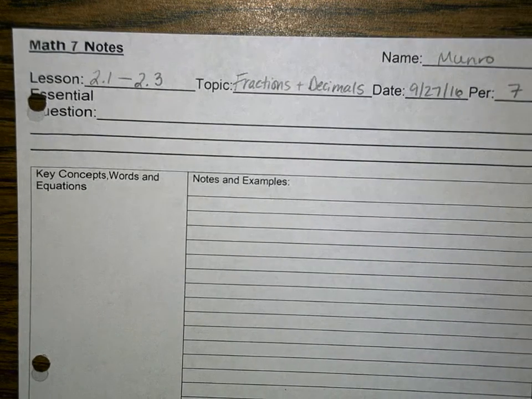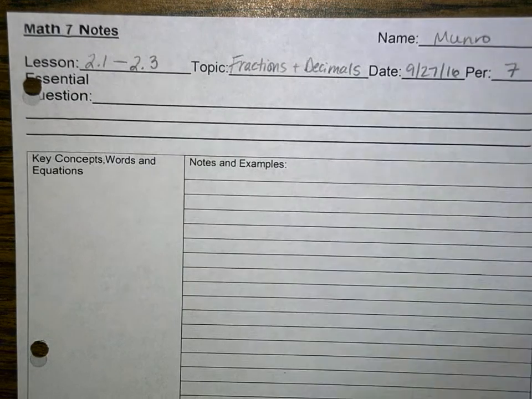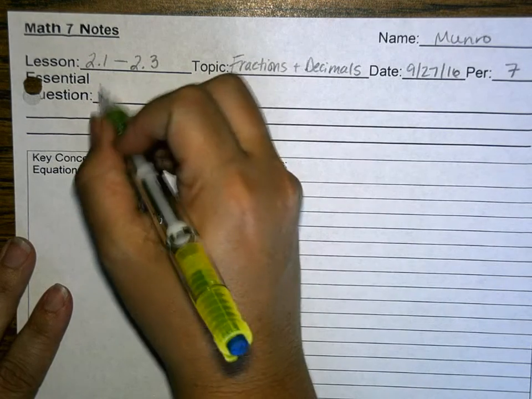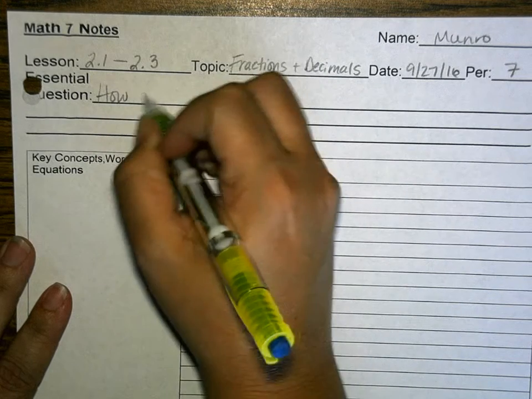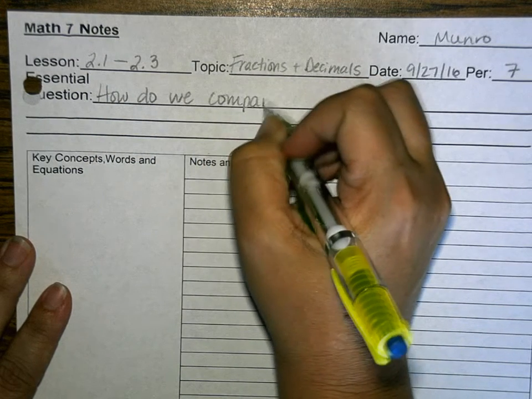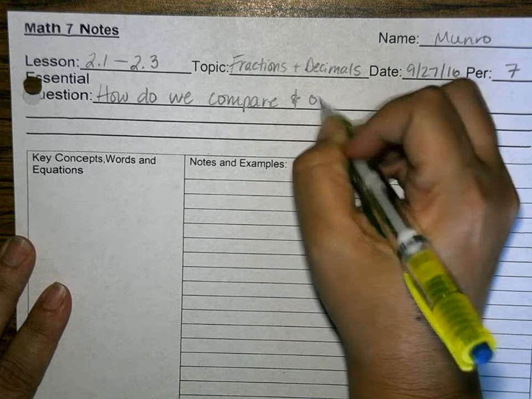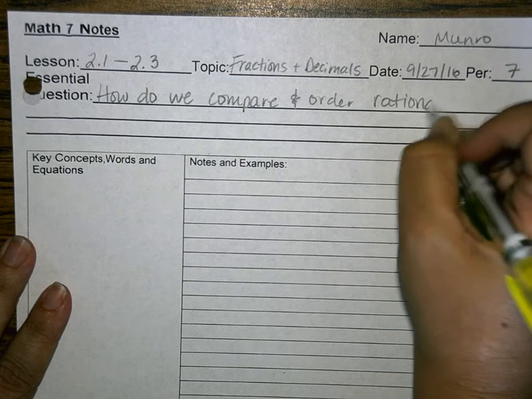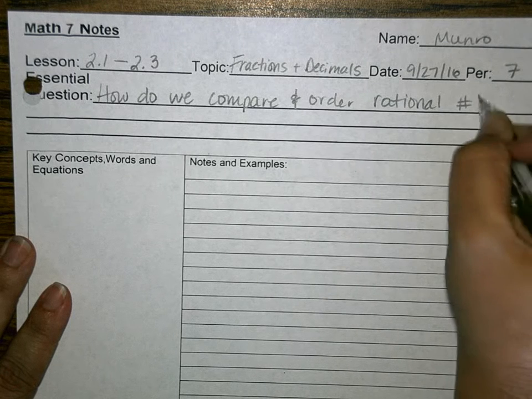There's two essential questions that I want you guys to see today, and it's how do we compare and order rational numbers? We've been doing that. How do we compare and order rational numbers? You can abbreviate.